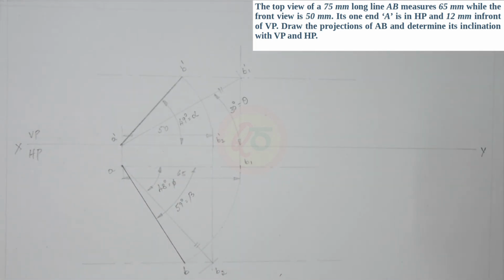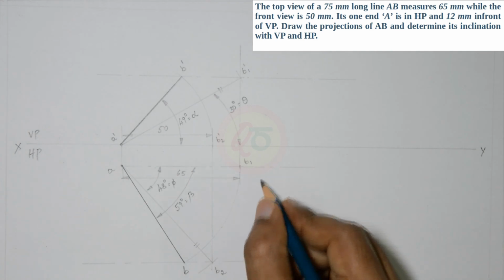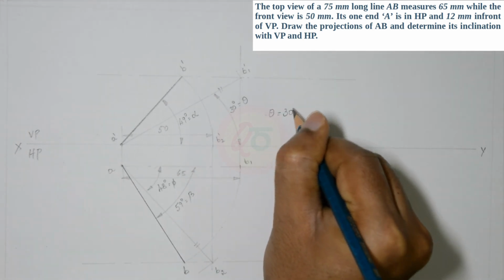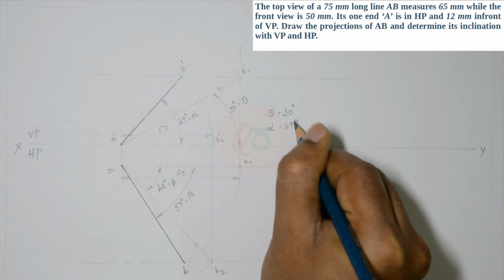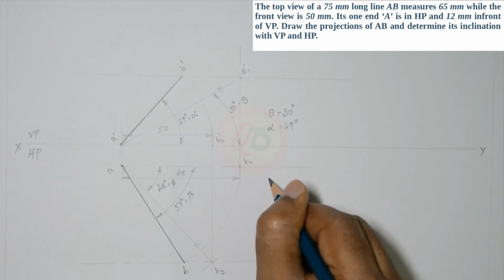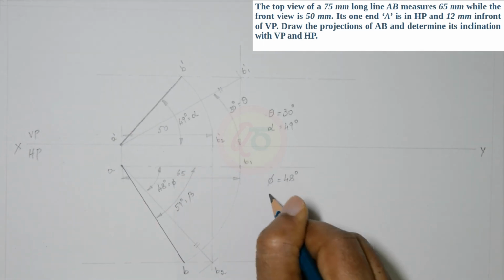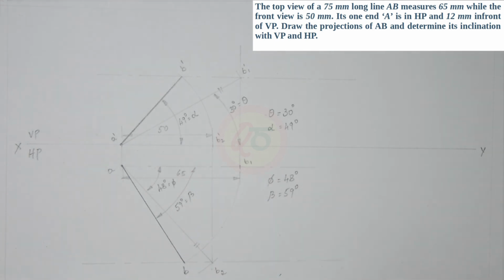So this completes the required measurements for the given problem. So we'll write it separately on this end. So theta is equal to 30 degrees, alpha is equal to 49 degrees, phi is equal to 48 degrees, beta is equal to 59 degrees.